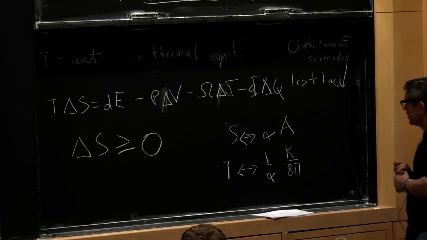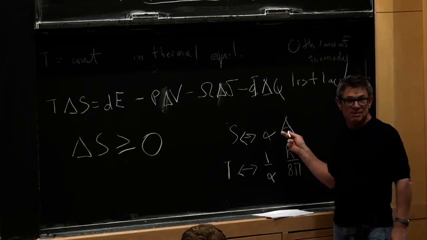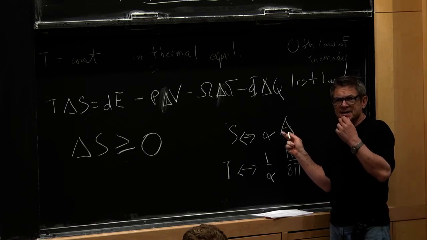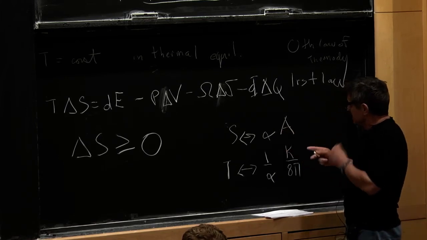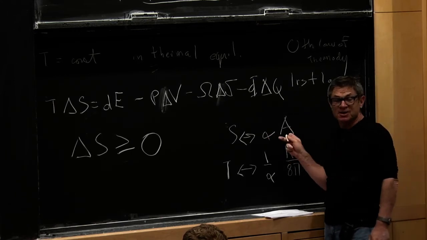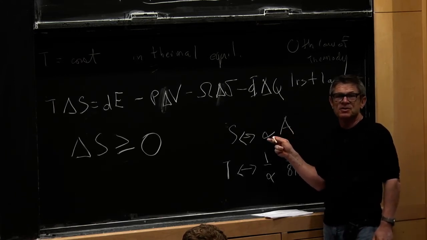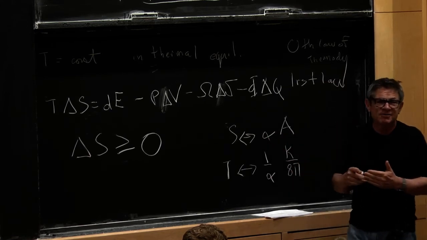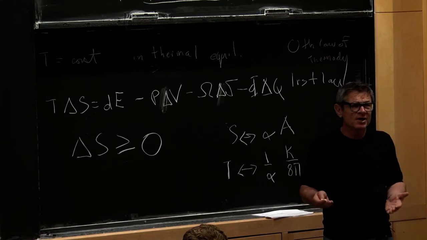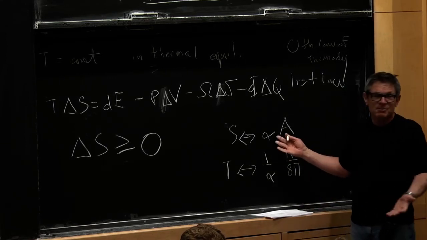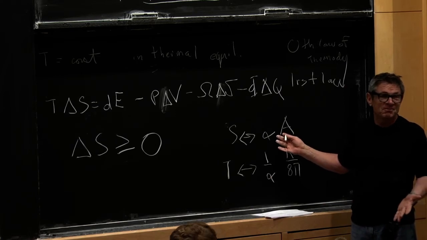On the other hand, the area has dimensions of length squared. So this alpha had better have dimensions of 1 over length squared, and it has to be some universal quantity.